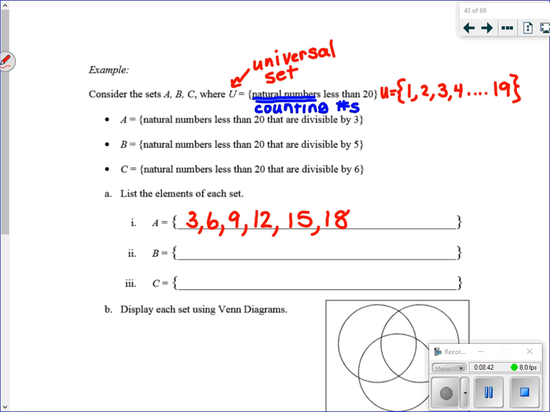Set B, natural numbers less than 20 that are divisible by 5, is just 5, 10, 15. Do I include 20? No, I do not. And set C, natural numbers less than 20 that are divisible by 6: 6, 12, 18, and that's as far as I can go.